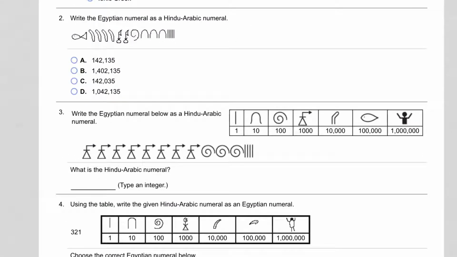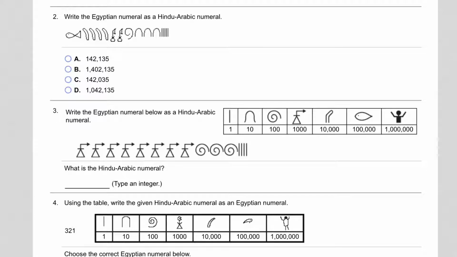Here, number 2. So we have the symbol for, the first symbol is for 100,000. And then we have 4 symbols for the 10,000, so that's 40,000. Then we have 2 symbols for the 1,000, so that's 2,000. Then we have 1 symbol for the 100.